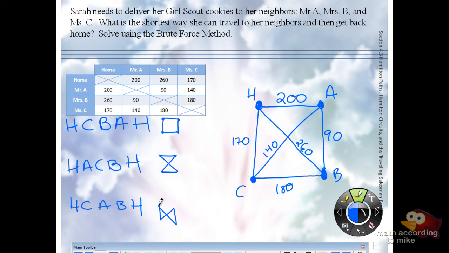The outer edge square, hourglass, bow tie. Four minus 1 is 3. 3 factorial is 6. 6 divided by 2 is 3. So we have 3 essential Hamilton circuits. Okay. So that's step 2.